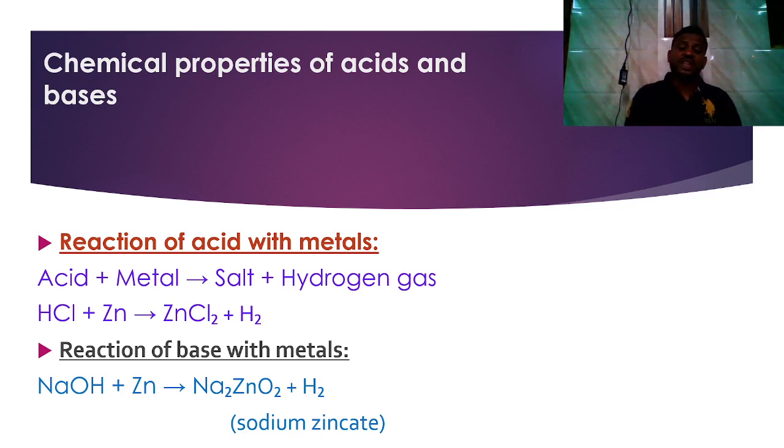Similarly, if we see the reaction of bases with metal, NaOH plus Zn gives out Na2ZnO2, that is sodium zincate, and produces hydrogen gas. These are the chemical properties of acid and base.